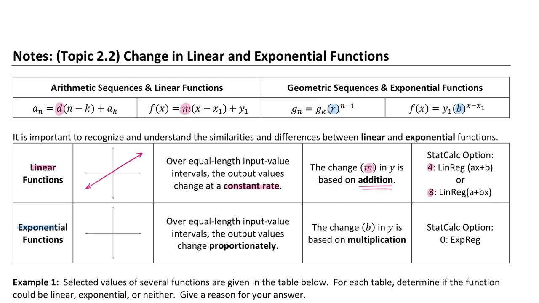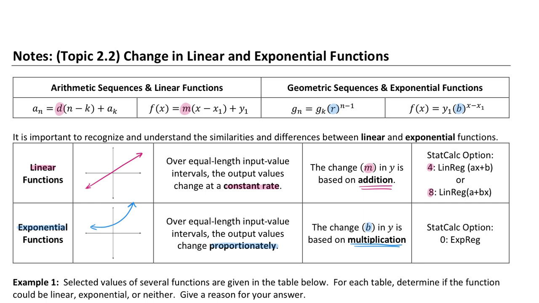For exponential functions, which look typically like this, where they curve up in this concave up scenario, over equal length input value intervals, the output values change proportionally, which means that the change or base in the formula is based on multiplication in the same way that our geometric sequences changed based on multiplication or division, which is multiplication of a fraction.